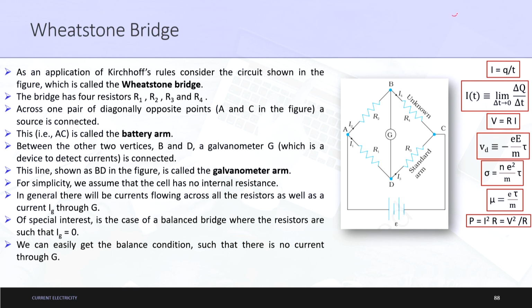So, we started with the assumption that small r is equal to 0. Next, in general there will be currents flowing across all the resistors as well as a current Ig through the galvanometer G. So, there will be currents in this way, in this, in this, in this. The current through the galvanometer is denoted by Ig.